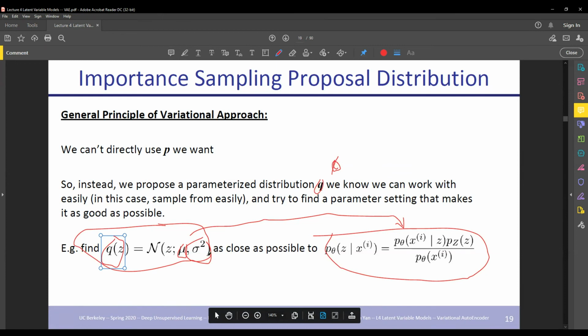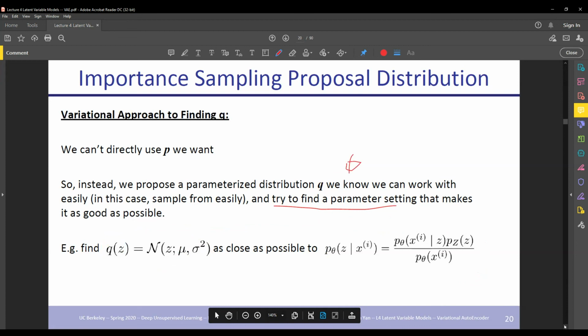Right now, the mechanism by which we make the importance distribution, or the proposal distribution, close to the posterior is using KL divergence. So, KL divergence.